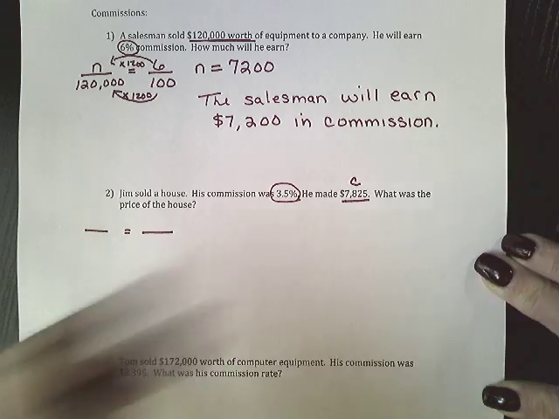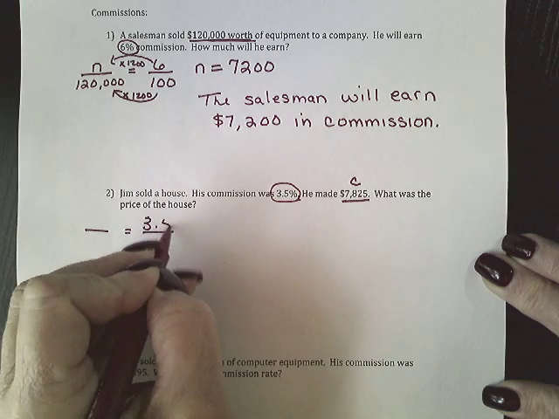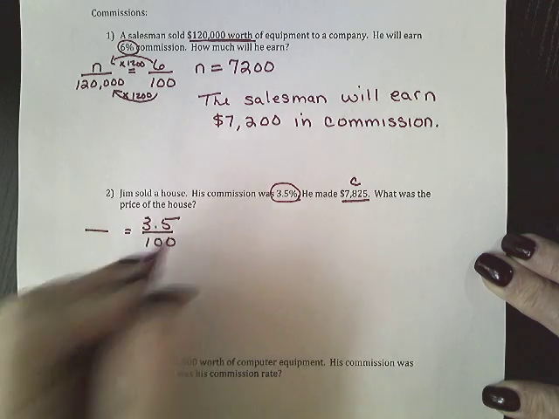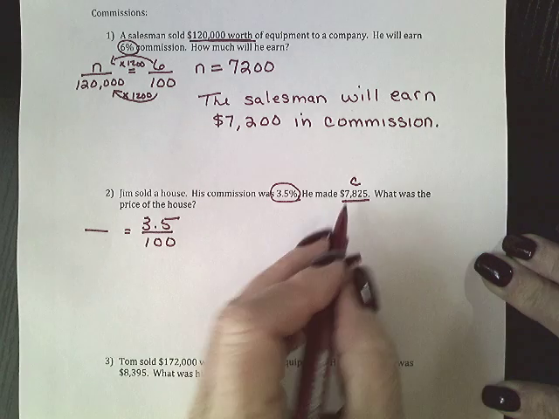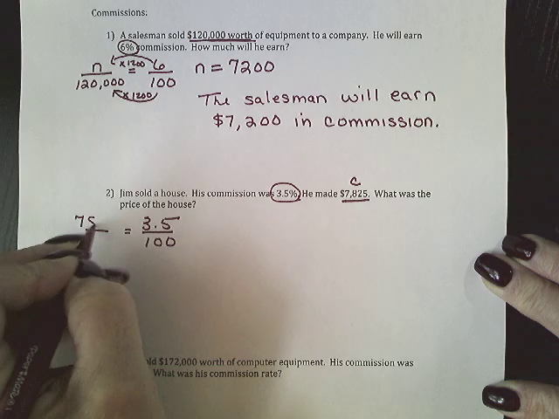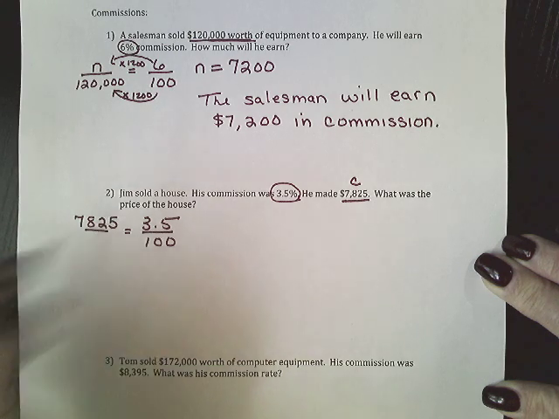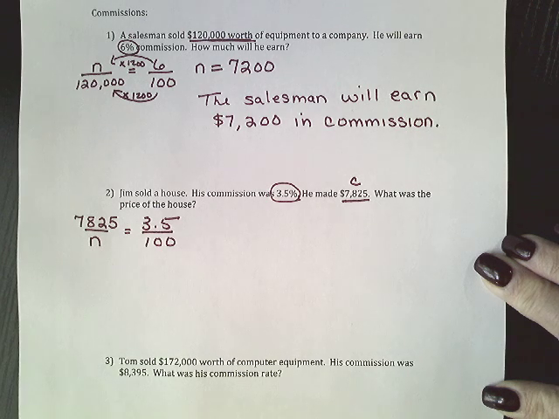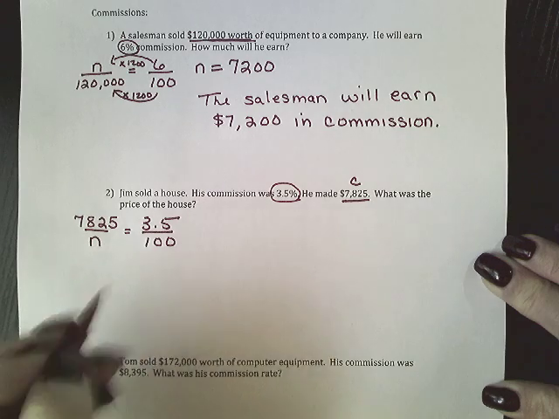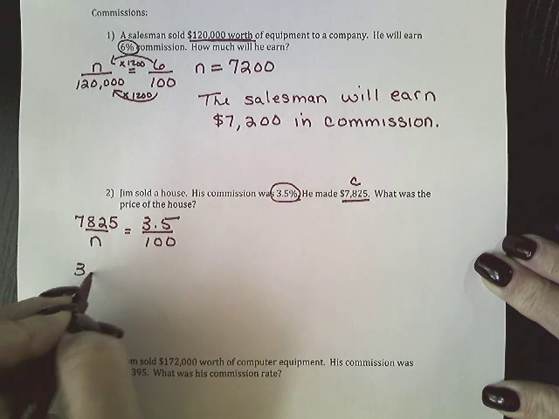Okay, if I set this up, I know that I have 3.5%. Drop that percent sign and just put that number over 100. And we know that his commission, which is part, was $7,825. So what we're looking for this time is the whole. How much was the house that he sold? So here I am going to do my cross multiplying.